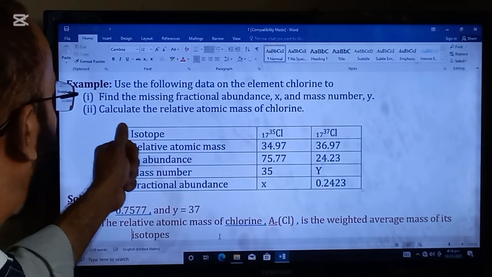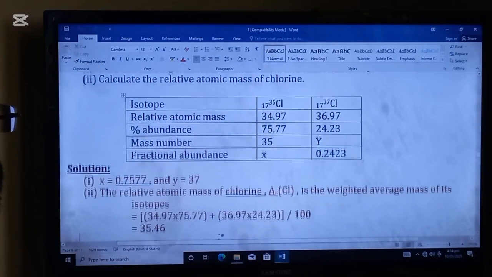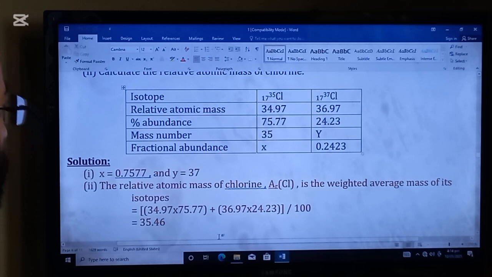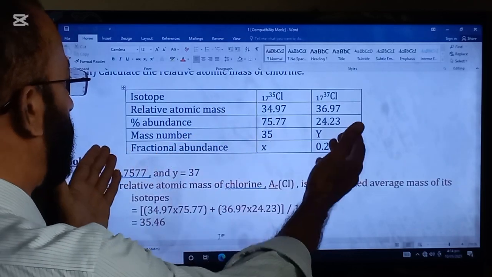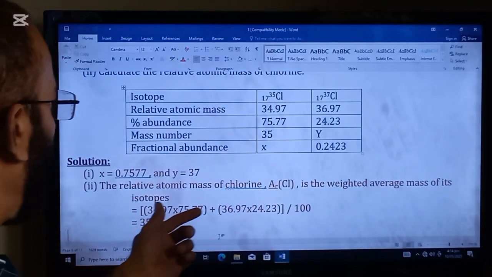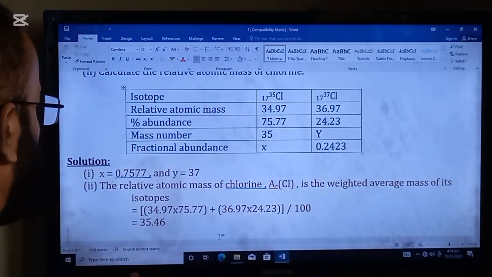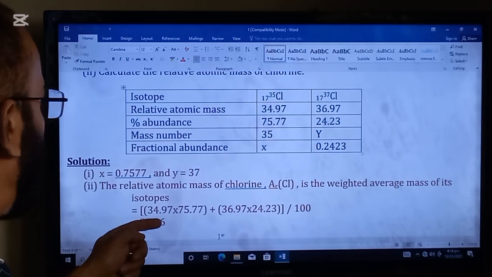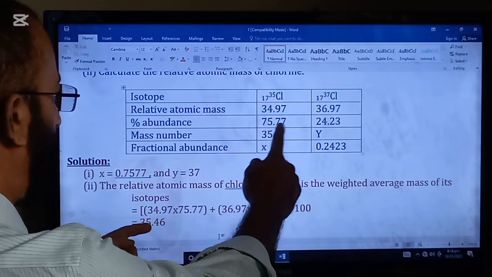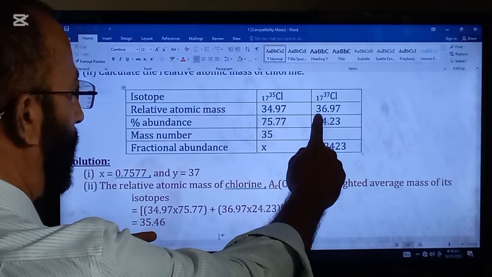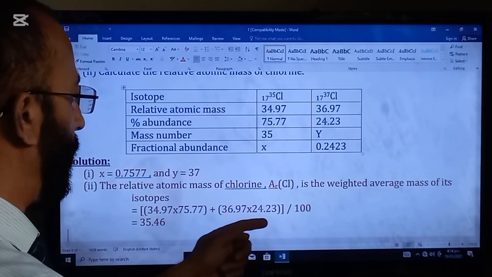The second requirement is to calculate the relative atomic mass of chlorine. So, the method to find the relative atomic mass of chlorine when relative abundance is given: the relative atomic mass of chlorine, AR of chlorine, is the weighted average mass of its isotopes, that is 34.97 multiplied by the relative abundance, that is 75.77, plus likewise 36.97 multiplied by 24.23.